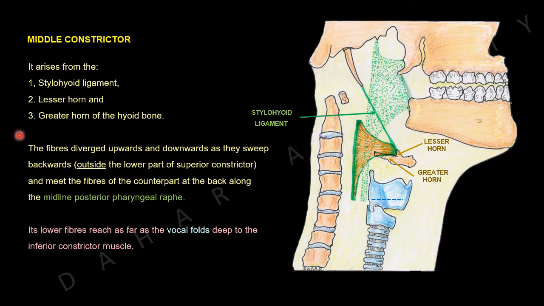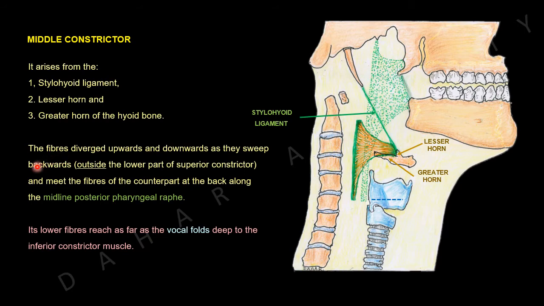Posterior attachments of the middle constrictors are, as you know, the fibers diverge upwards and downwards as they sweep backwards outside the lower part of the superior constrictor. As I have said, like a stack of cups, the superior constrictor lower part will be inside the middle constrictor.